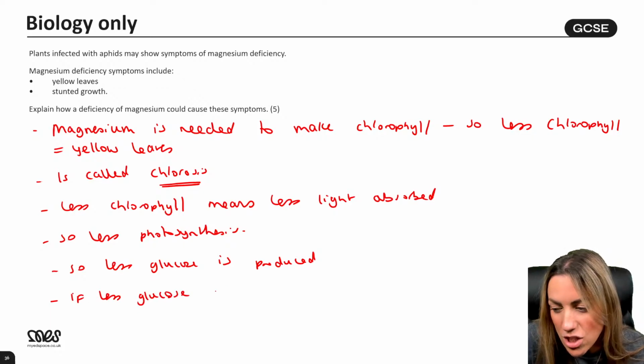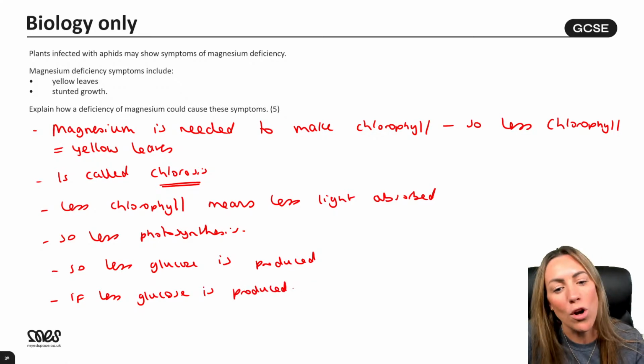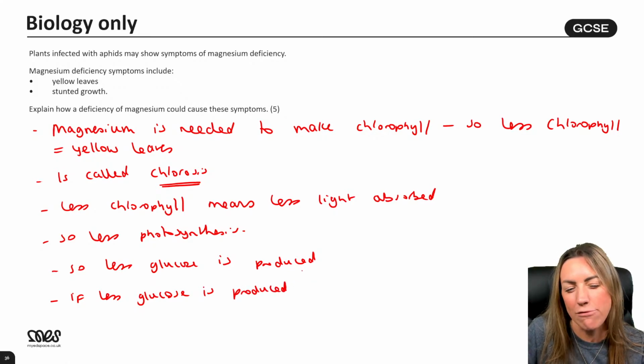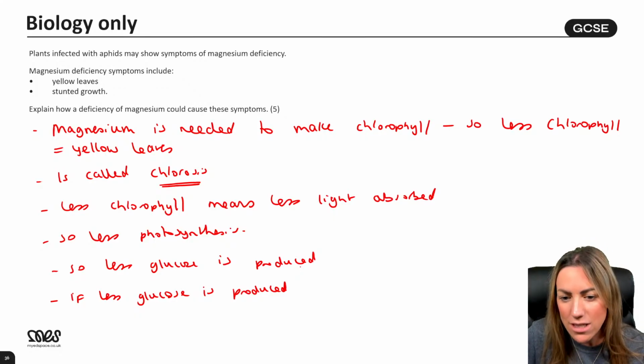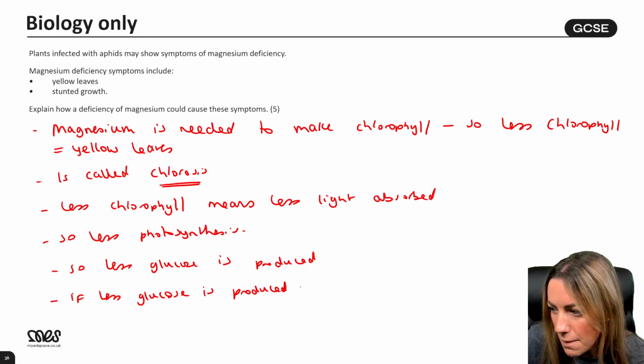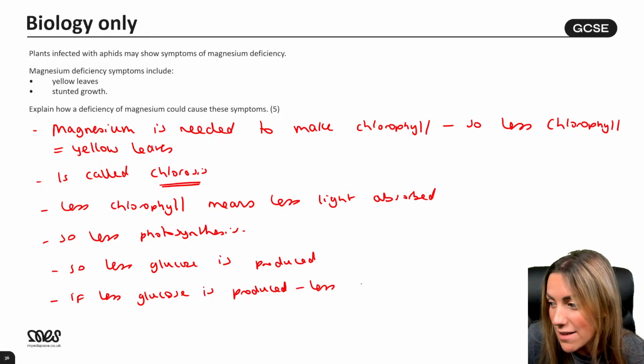Why does this lead to stunted growth? What is one of the uses of glucose that you could directly link to stunted growth? Think of the uses of glucose, think of SCARF. Which one of those could you directly link to stunted growth? Protein, amino acids, cellulose.